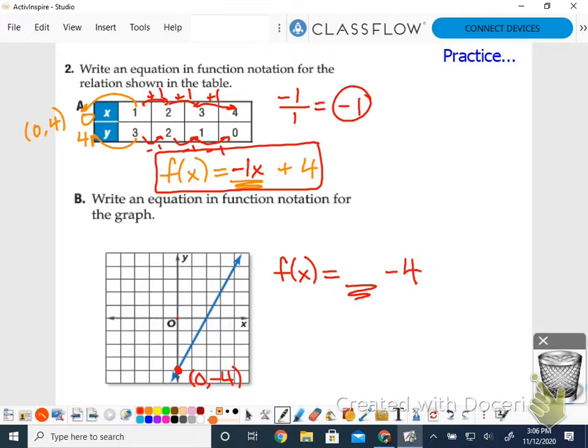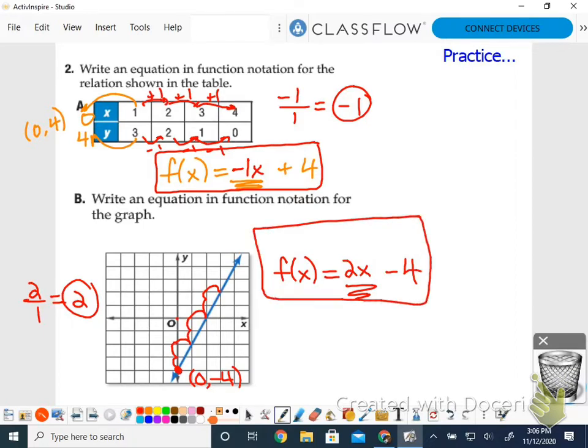And then in order to find my coefficient of x here, I need to look at rise over run. I'm going up 2. I'm running 1, up 2, over 1, up 2, over 1. Right? So that got a little sloppy, but up 2 over 1. And that looks like a positive slope if we think about Mr. Slope Guy. Up 2 over 1. 2 divided by 1 is really just 2. So I'm going to have 2x minus 4 for this one.